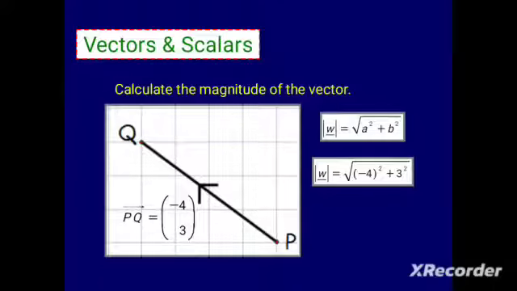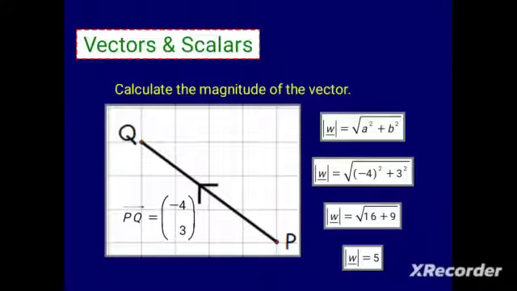So we have the root of (-4) squared, and remember -4 should be in brackets because we are squaring, plus 3 squared. This will give you root 25, and root 25 is 5. So the magnitude, or the length, or the distance, or even the modulus of vector w is 5.